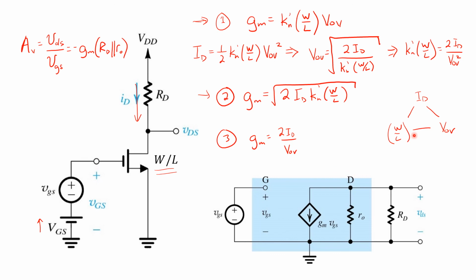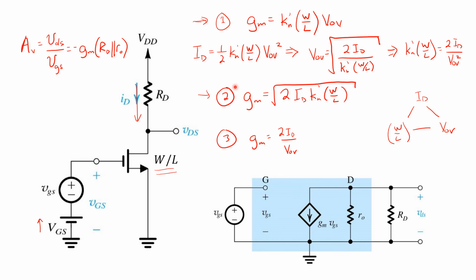So if you do this properly, you can increase VOV, decrease W over L, and keep the drain current the same. And if you do that, it turns out that increasing VOV will result in a lower value of GM. So when understood in this way, you recognize that these three expressions don't contradict each other in any way.